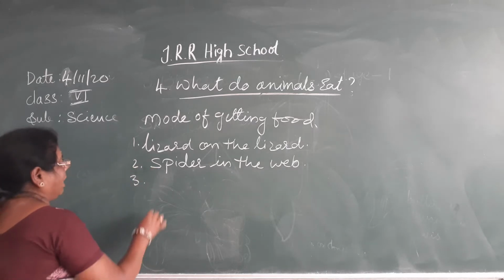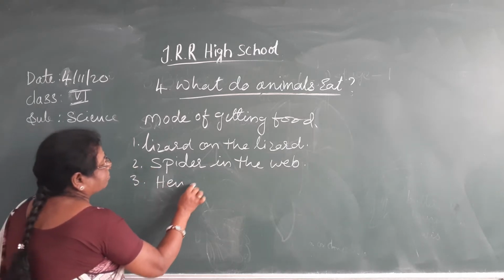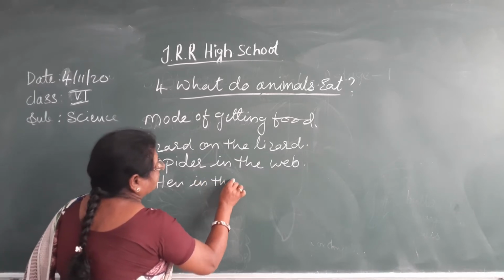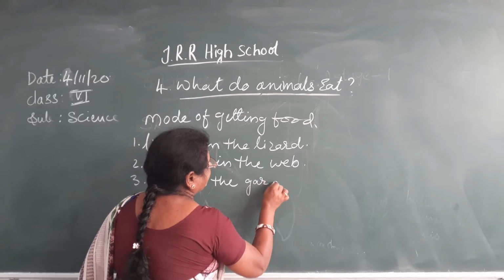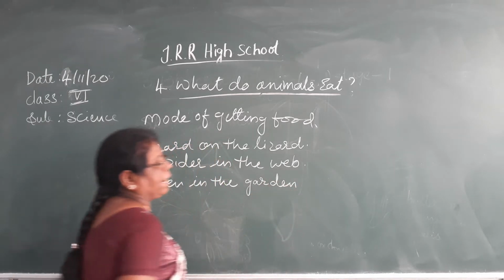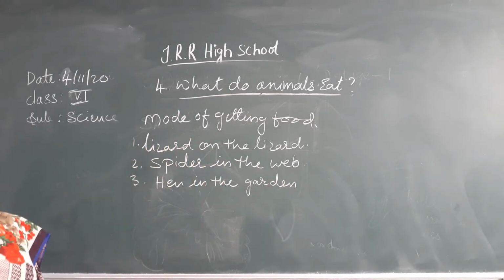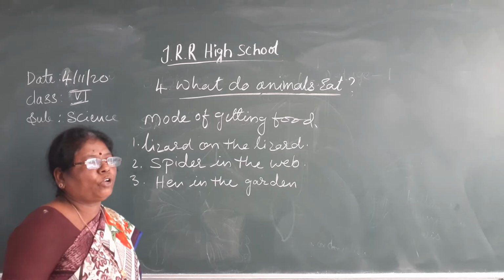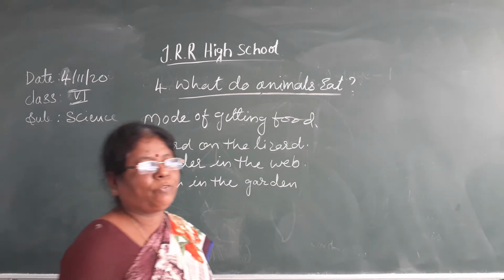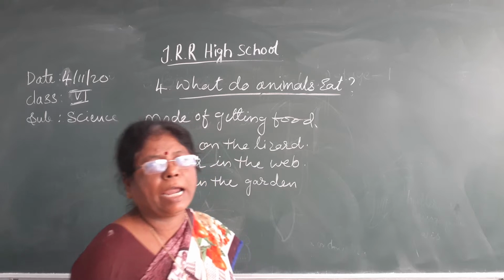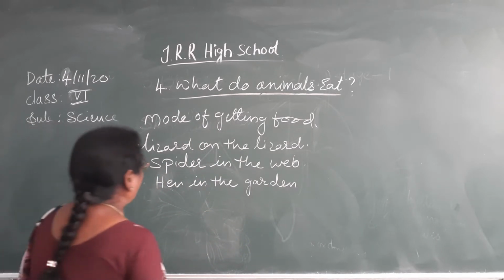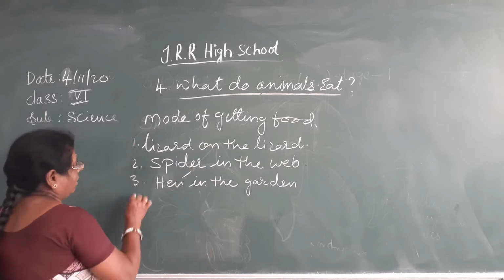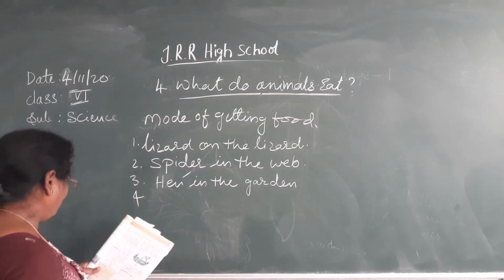In the same way, the hen in the garden uses its small beak and legs. It scratches the soil with the legs, finds small worms and grains, and takes the food with the help of its beak.